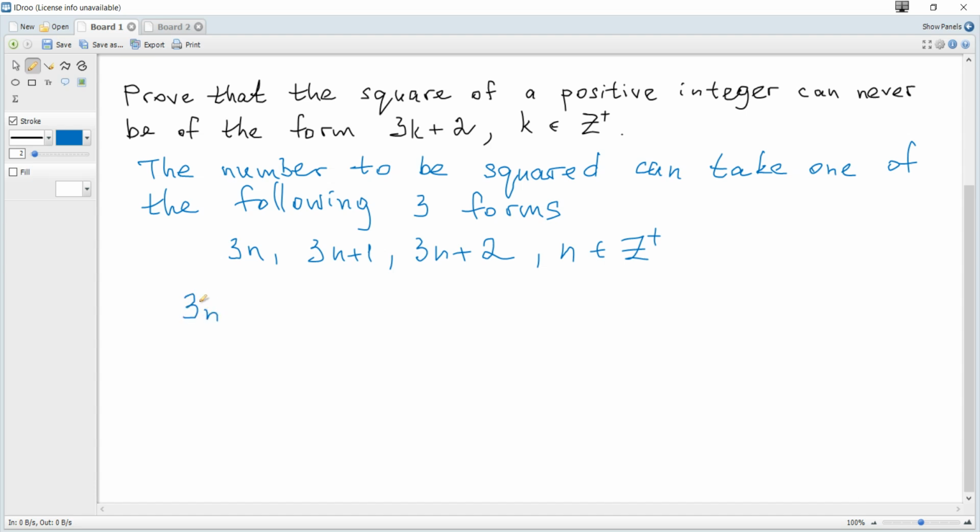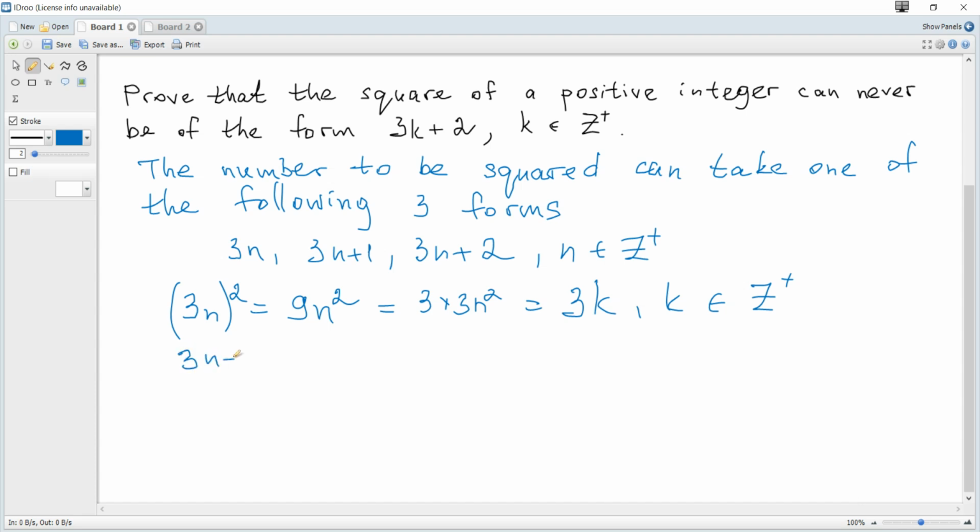So 3n squared is what? 9n squared, and it's 3 times 3n squared. Since n is a positive integer, 3n squared is also a positive integer, so we can say that it's 3k, where k is a positive integer.